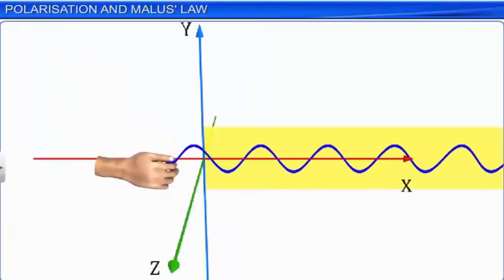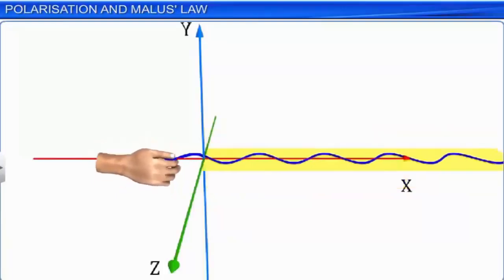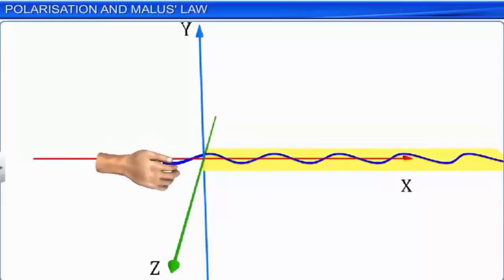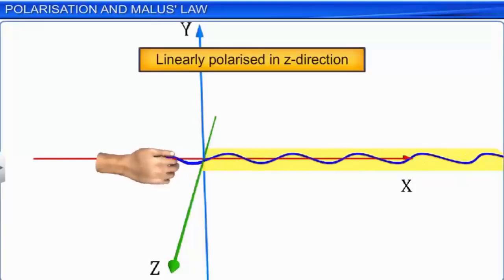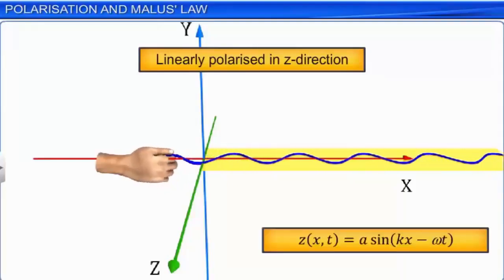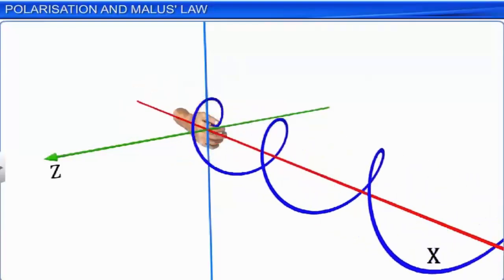Instead of moving the free end of the string up and down along the y-axis, if we vibrate it along the z-axis, then the displacement of any given element of the string is along the z-axis. The wave so generated is a z-polarized wave and is mathematically represented by z(x,t) equals a sin(kx minus omega t). If the vibrations of the string are not confined to a given plane, then the wave is an unpolarized wave.